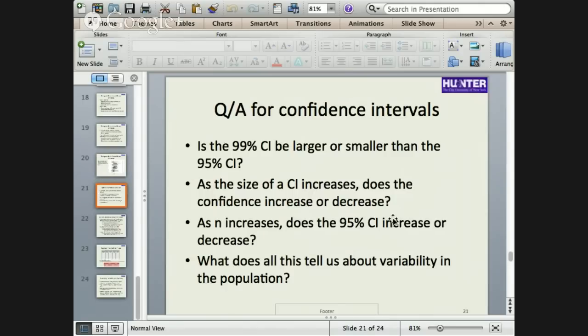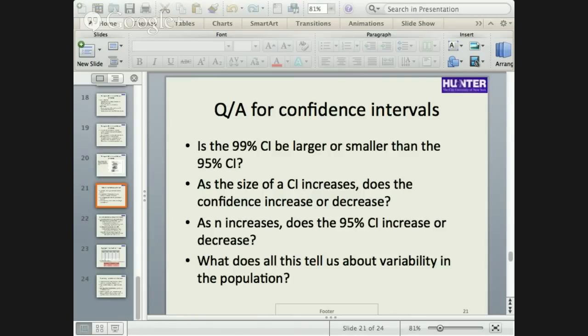Okay, so I have some questions for you now. First one, is the 99% confidence interval larger or smaller than the 95%? And feel free to answer online too. Here's one question I'm going to answer.